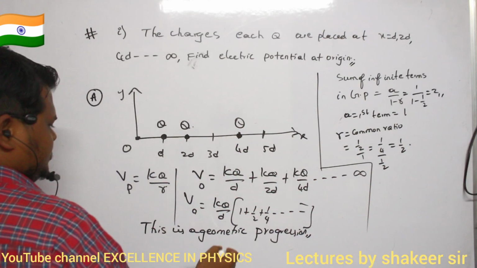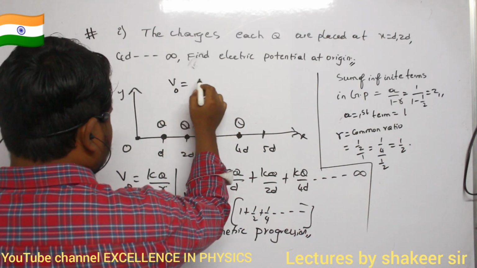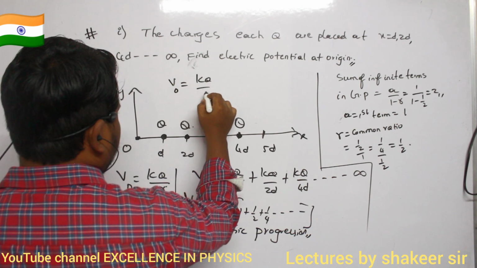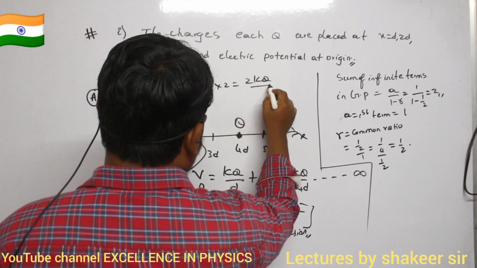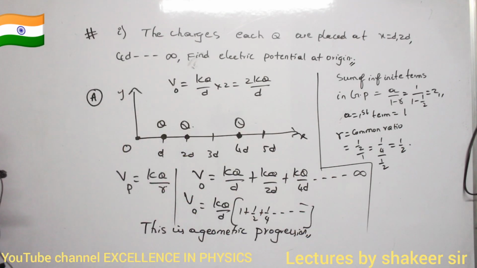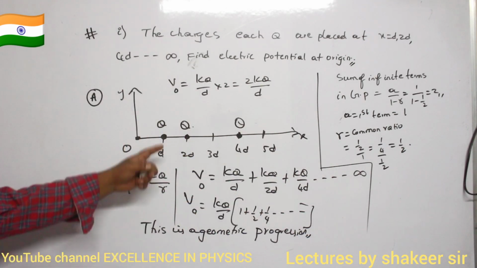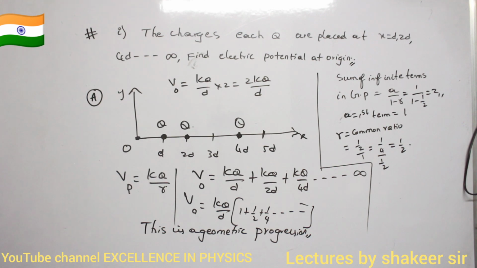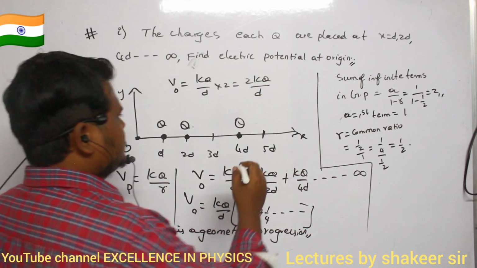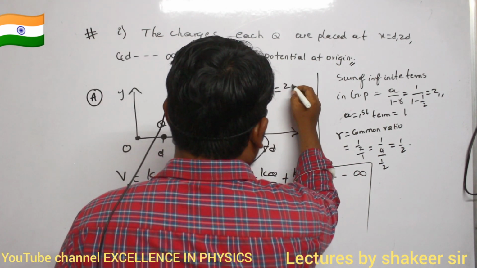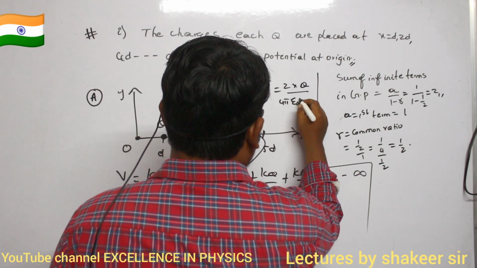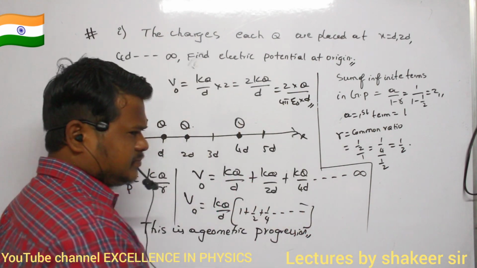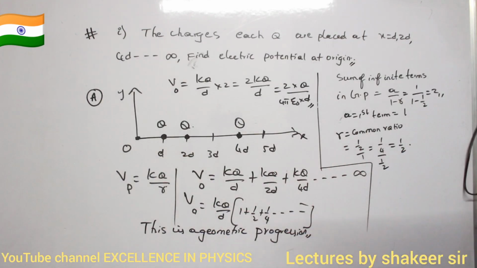So V naught is equal to KQ divided by d into the total sum, which is 2, so 2KQ divided by d. And the K value is 1 by 4 pi epsilon naught. Therefore I can write 2 into Q divided by 4 pi epsilon naught into d. So this is our answer.